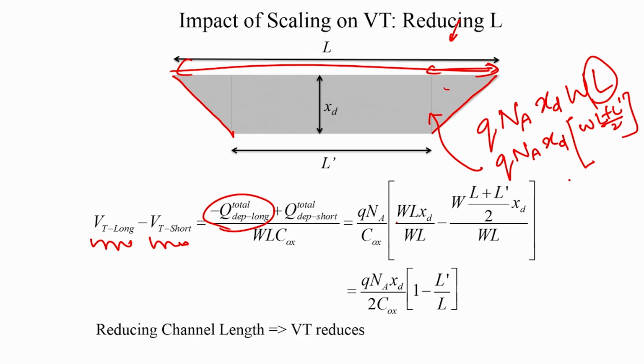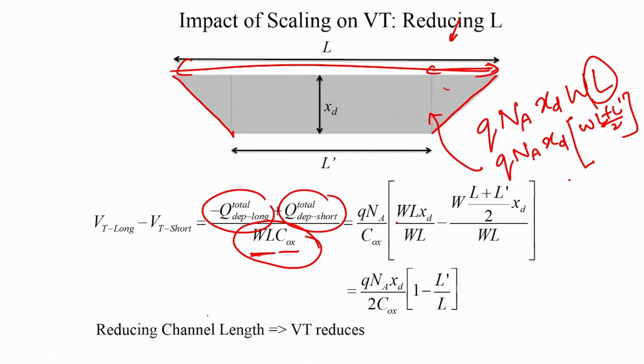So, what is the difference between the VT of a long channel device and a short channel device? It is a difference in this depletion charge minus this depletion charge, divided by the total capacitance. So, it is capacitance per unit area into WL, okay, and this minus sign is present because of all the charges being negative.